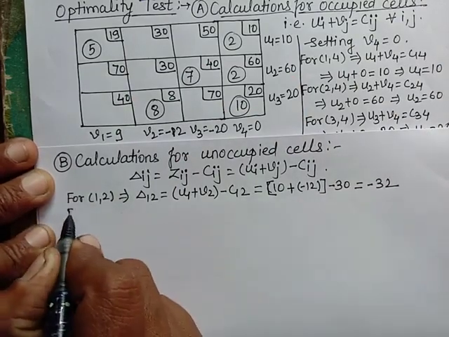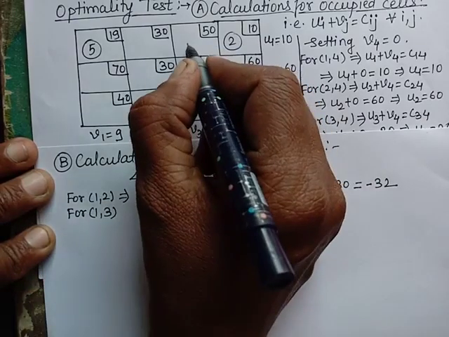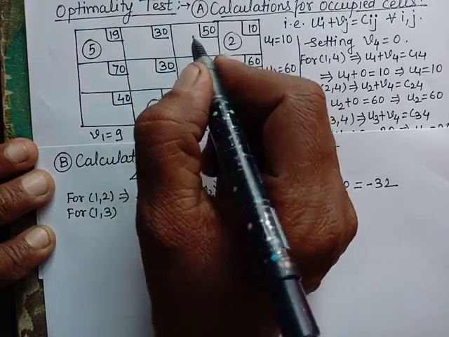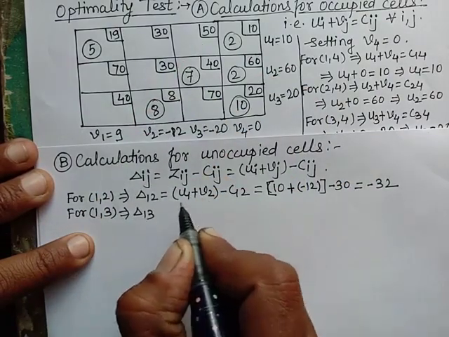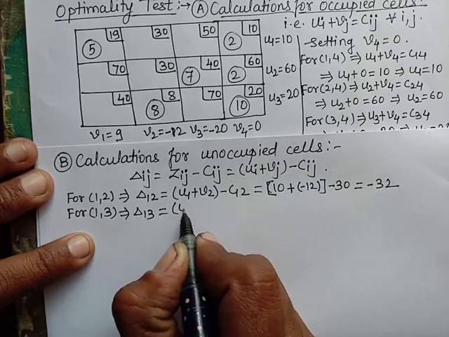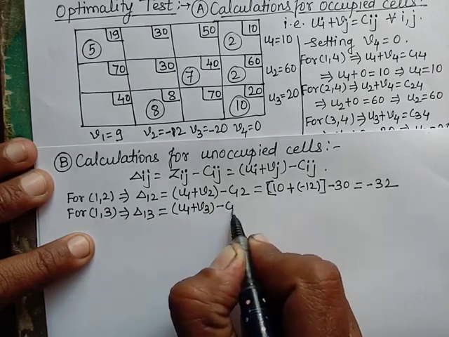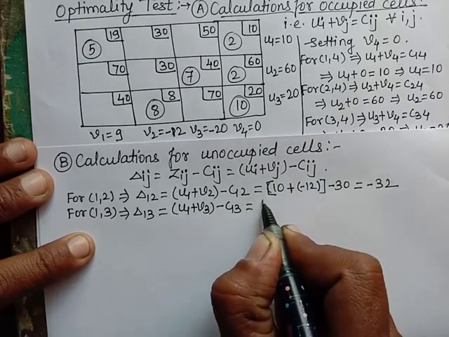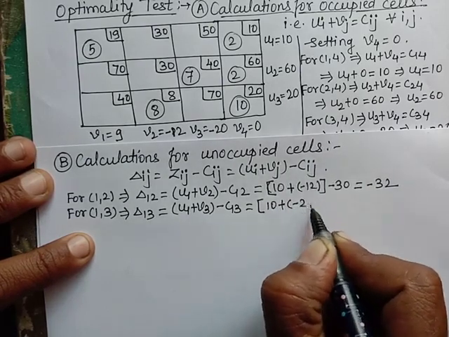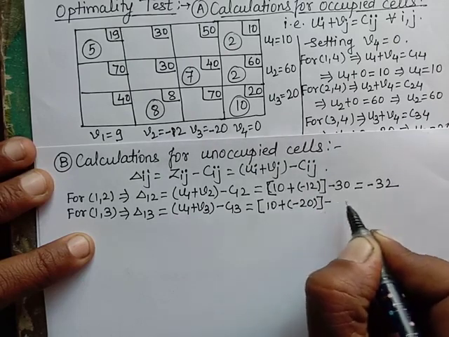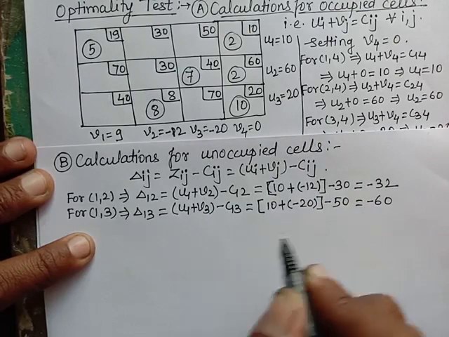Now for cell 1 3, here also no allocation, means unoccupied cell. So delta 1 3 is U1 plus V3 minus C13. So it is 10 plus minus 20 minus 50. So it is minus 60.